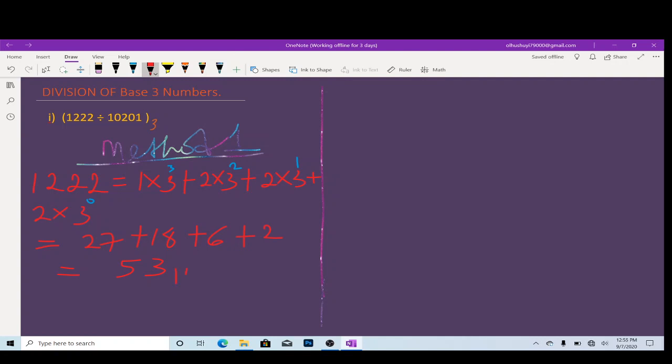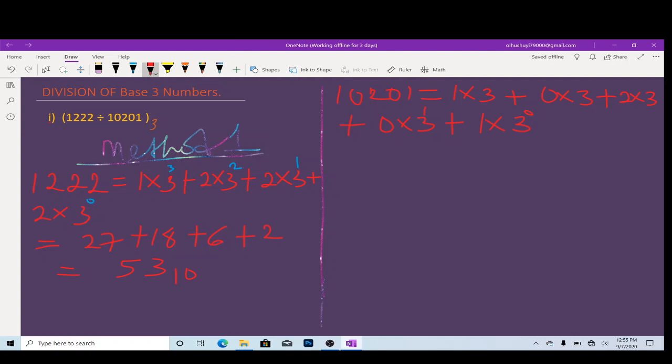So having gotten that to be 53, this is already in base 10, isn't it? So let's do the second one. We have 1, 0, 2, 1, 0, 2, 0, 1. That will be equal to 1 times 3, plus 0 times 3, plus 2 times 3, plus 0 times 3, plus 1 times 3.